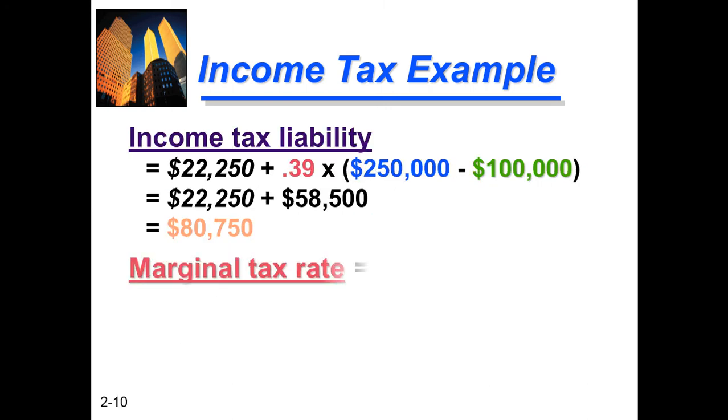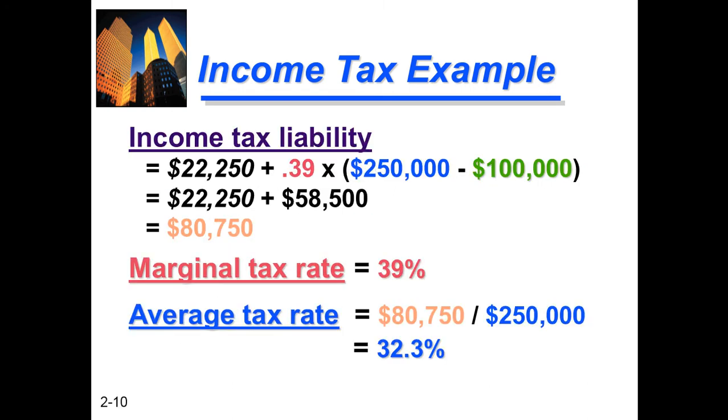How? Let's start. If you remember, on 1 lakh we had 22,250 rupees. The taxable income is 2 lakh 50,000, and on 1 lakh we have 22,250, and from 2 lakh 50,000 we subtract 1 lakh. On the remaining 1 lakh 50,000 we apply 0.39, which means 39% tax.